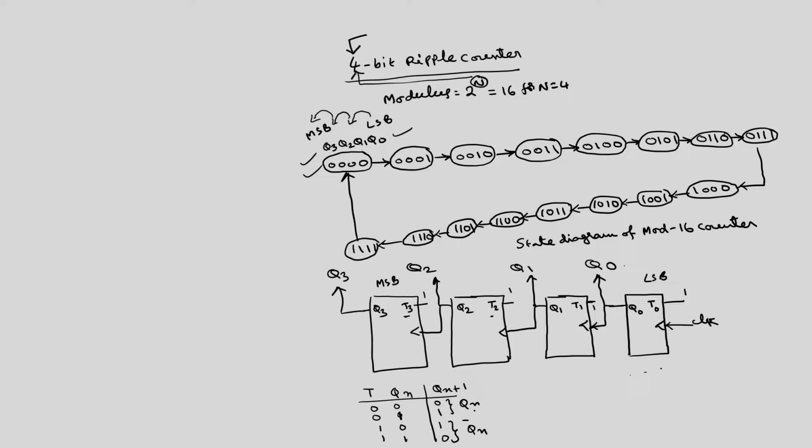This is the complement of Qn. So what happens is, when T is equal to 1, the flip flop toggles at every clock signal.